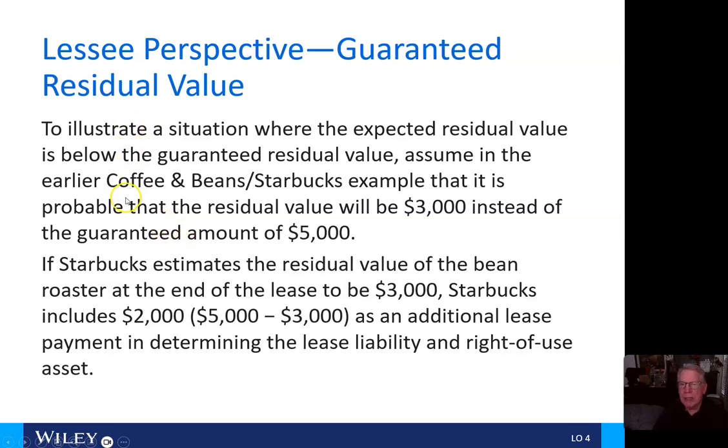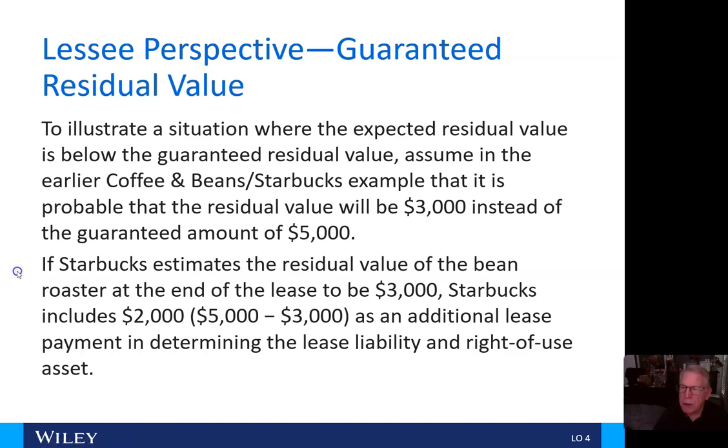Okay, to illustrate a situation where the expected residual value is below the guaranteed residual value, we will assume in the earlier Coffee and Beans/Starbucks example that it is probable that the residual value will be $3,000 instead of the guaranteed amount of $5,000.